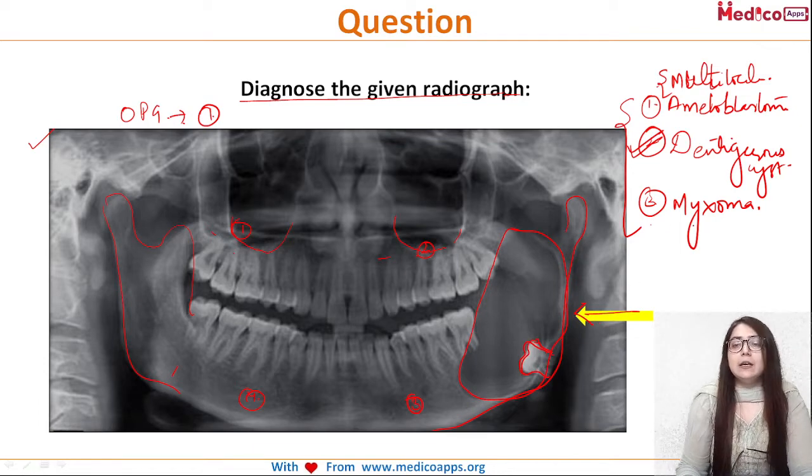And third is myxoma. In myxoma, you will see a tangential pressure, crossing the line. Usually a multilocular appearance will be there, and there will be a tennis racket appearance in cases of myxoma. So obviously it could not be myxoma, but it could be considered as a differential of this dentigerous cyst.